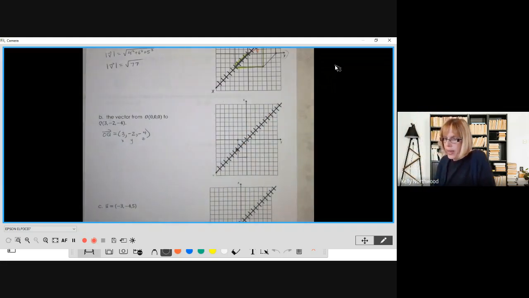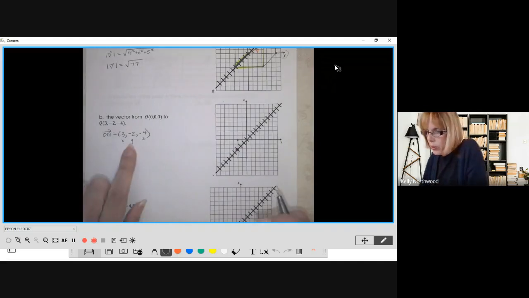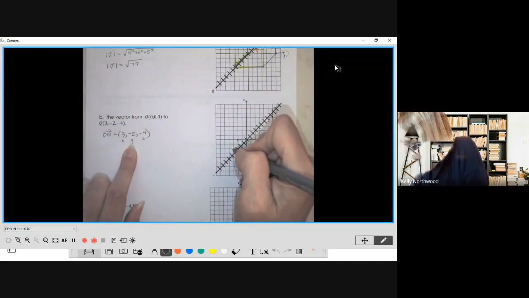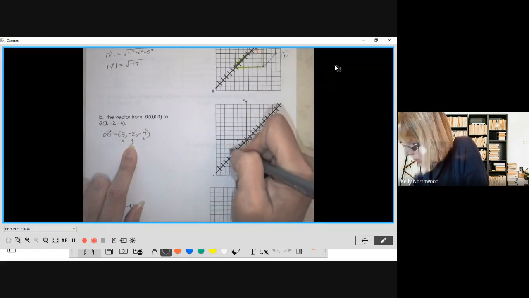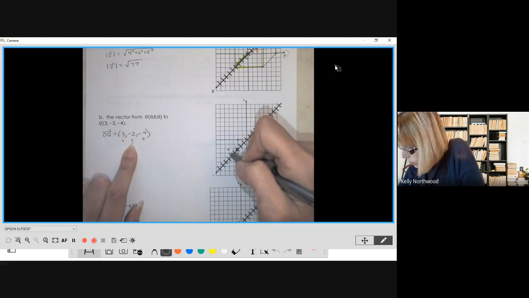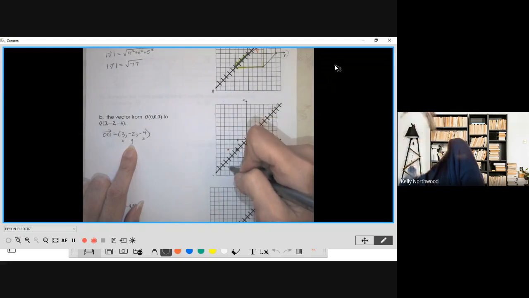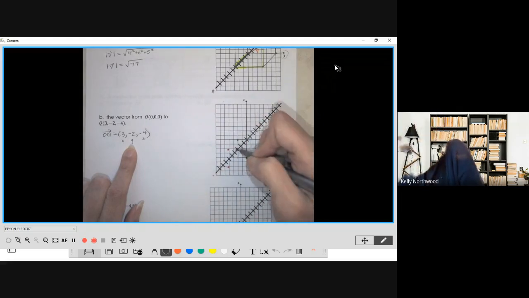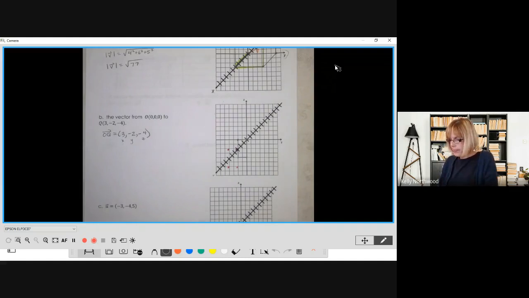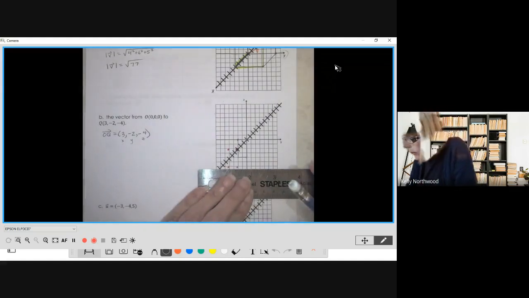So there's my corner there. And then I'm going to go 2 to the left in this case. So 1, 2, and down 4. 1, 2, 3, 4, and 1, 2, 3, 4. So those are the corners for the front of my box. So I'm going to join them together to make the front of my box.